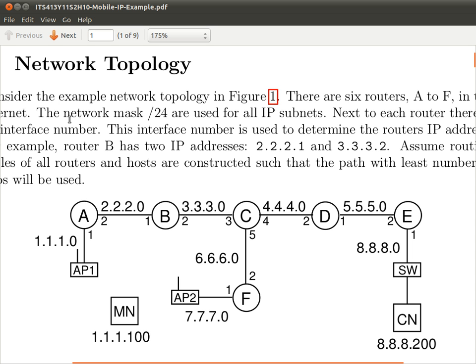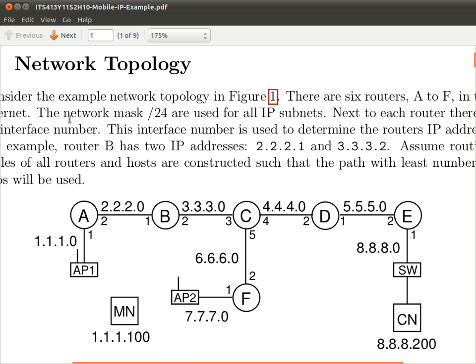Remember, the idea is that we're transferring data between our mobile node and some other node on the internet, our correspondent node. Yes? So does the mobile node get a new IP address on the foreign network? In this example, our mobile node has got a new care-of address, and the value is 7771.